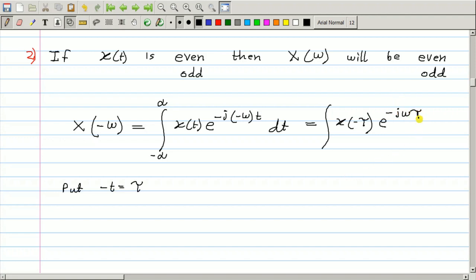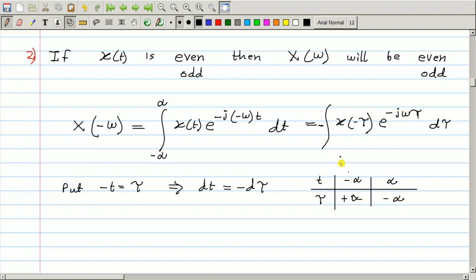Okay, and this implies that dt is equal to minus d tau. So here I will put d tau with a minus sign, and the limit of integration will change. t runs from minus infinity to plus infinity, so tau will run from plus infinity to minus infinity. So this will become plus infinity to minus infinity.